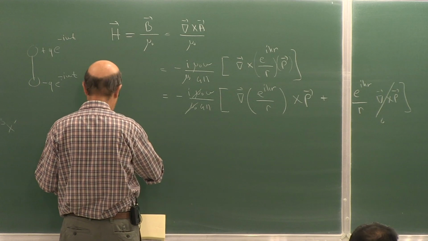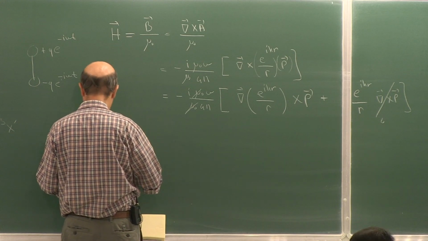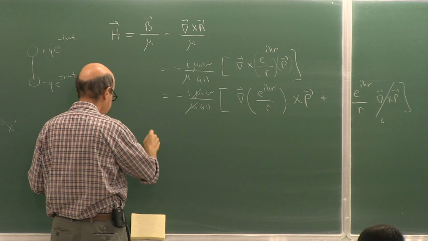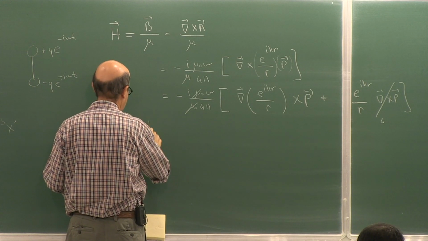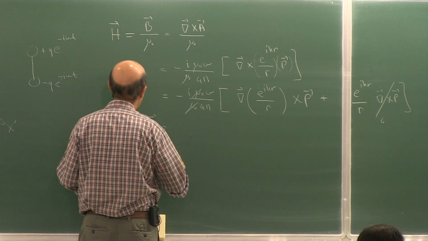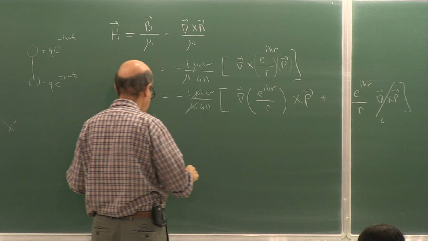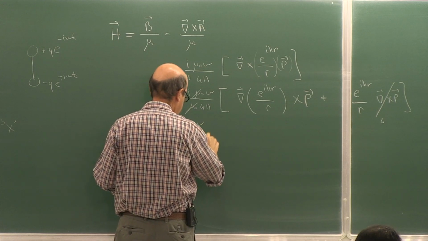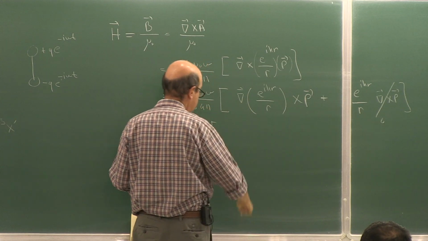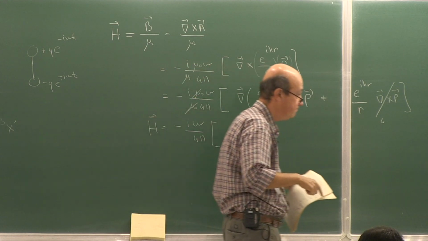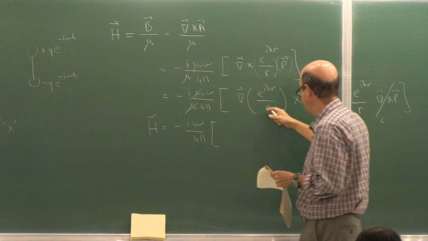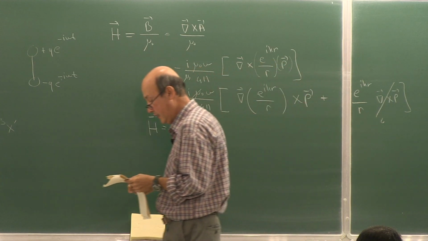So H will be minus i omega over 4 pi. This is a gradient in spherical coordinates, but the function depends only on r, the radial coordinate.